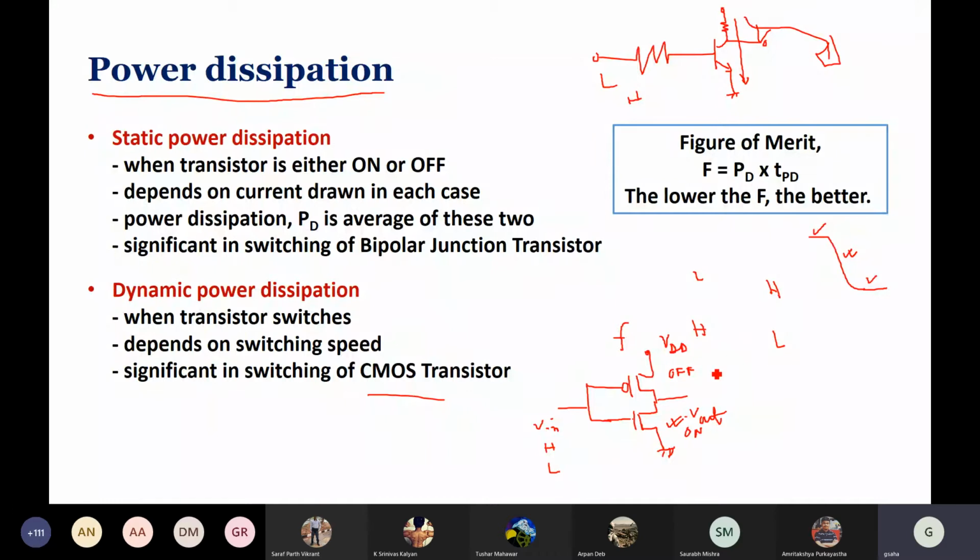So in no situation is there any current flow from VDD to ground in either of the stable states, right? And the output is connected to a similar CMOS device. These are field effect devices. They don't draw any current as such, right?